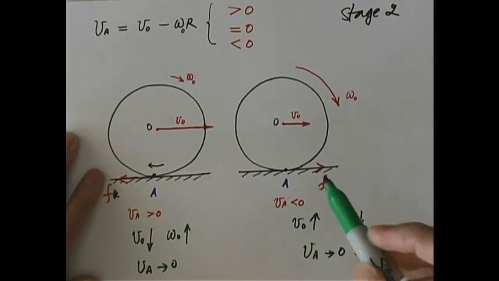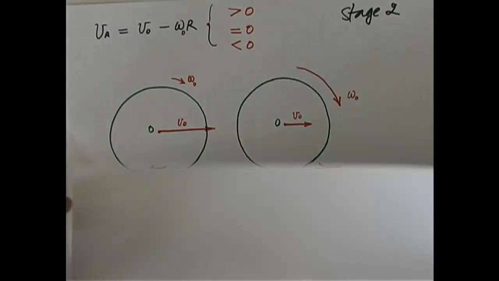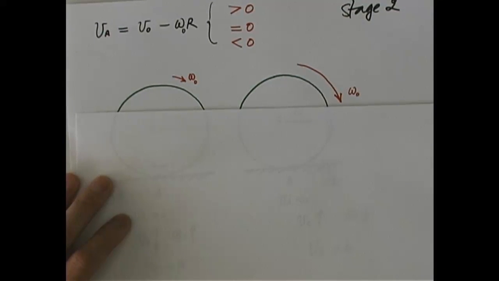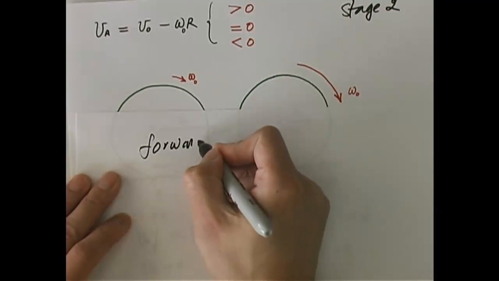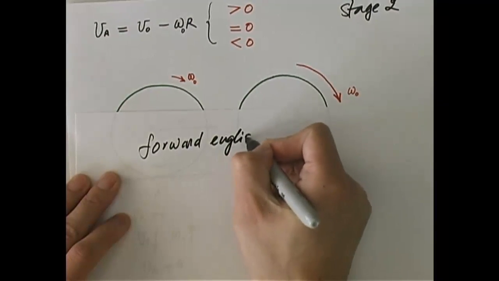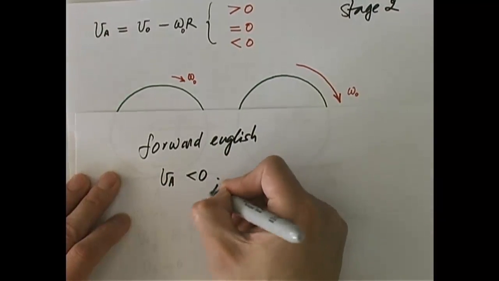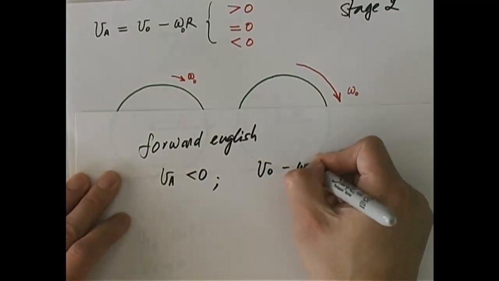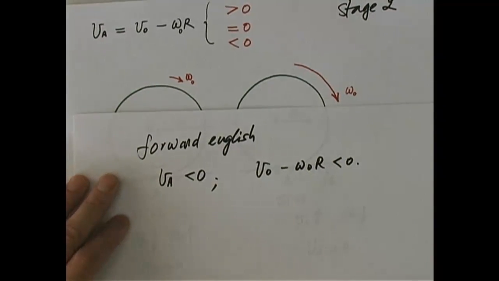And that happens when VA right after collision is less than 0. So here is the condition for forward English: VA is less than 0. In other words, VO minus omega O times R is less than 0. That is the condition for forward English.